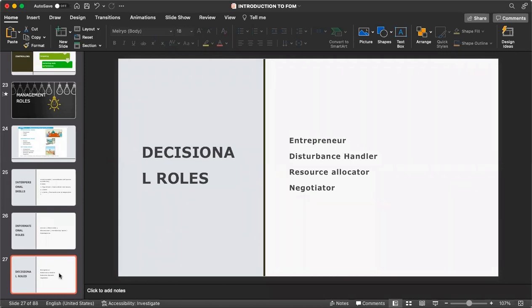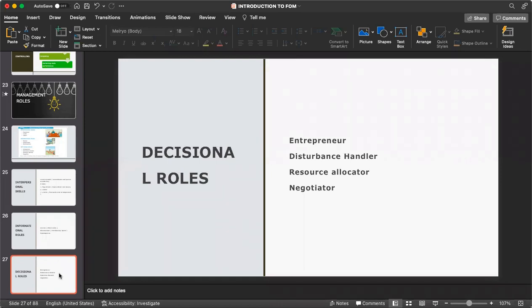But make sure whoever is going to mediate must be a credible person and must take decisions in an unbiased approach, because you cannot take the side of someone, like a legal advisor, definitely we can say. That is called disturbance handler.